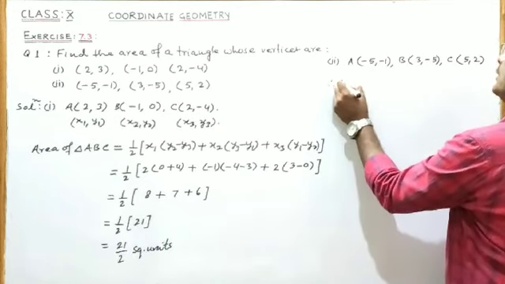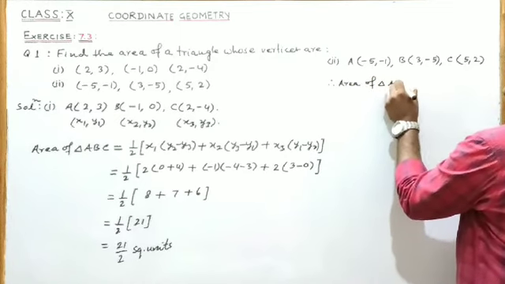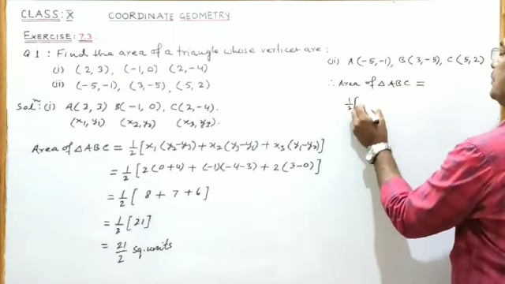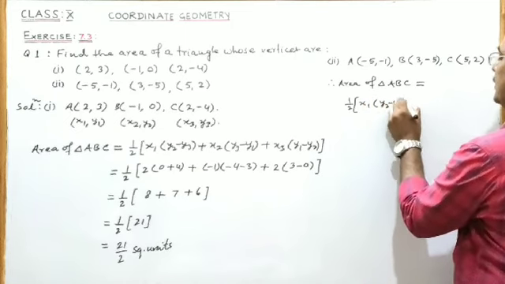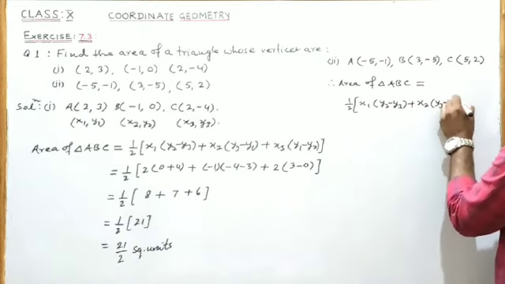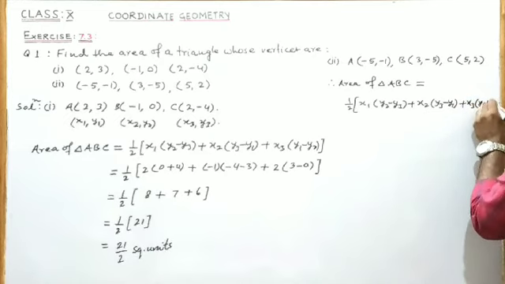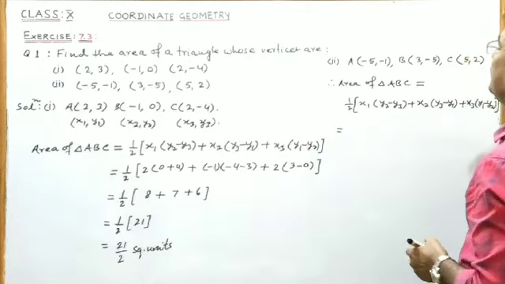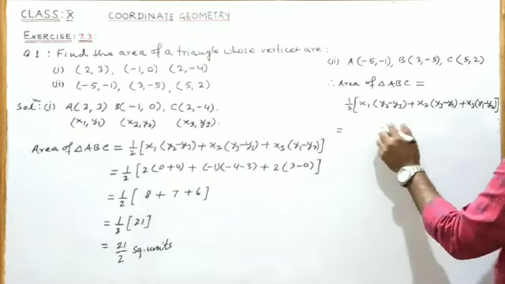So therefore area of triangle ABC is equal to half into x1 into y2 minus y3 plus x2 into y3 minus y1 plus x3 into y1 minus y2. Put the values of x1, y1, x2, y2 and x3, y3 in this expression.